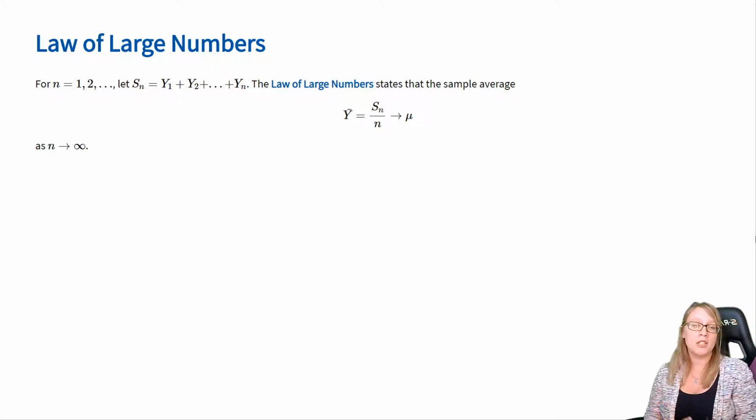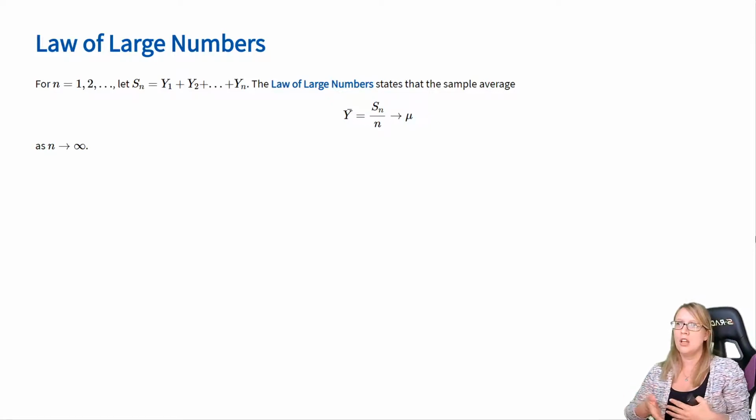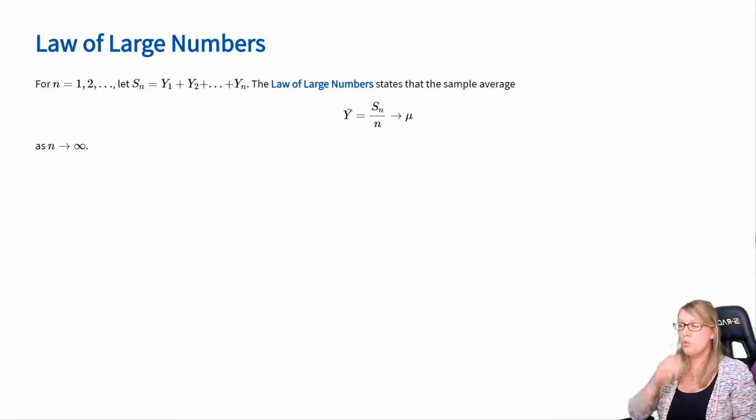So let's start with the law of large numbers. And as you might have guessed from the title slide, there are two forms of this, a weak version and a strong version. So let's start by just thinking about a sample. We'll take a sample and continue to add observations to it, so we'll let the sample size n increase.